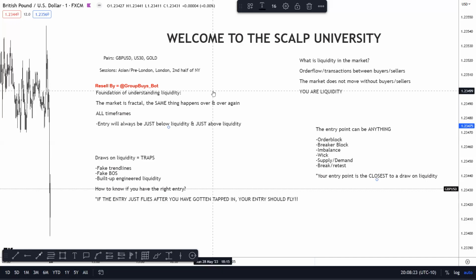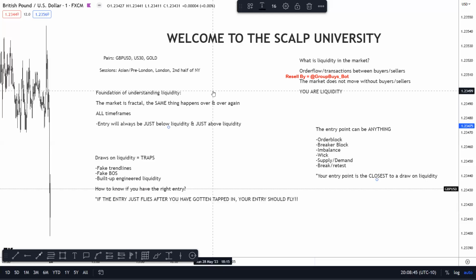Now, the foundation of understanding liquidity is to always remember that the market is fractal. The same thing happens over and over again. So I need you to remember that. This is really important in my foundation for reading liquidity.